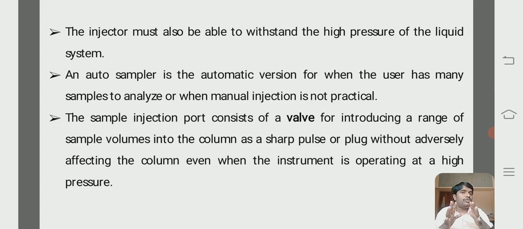The sample injection port consists of a valve for introducing a range of sample volumes into the column as a sharp pulse or plug, without adversely affecting the column even when the instrument is operating at higher pressure.